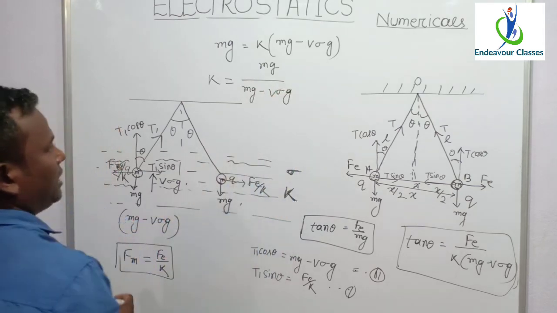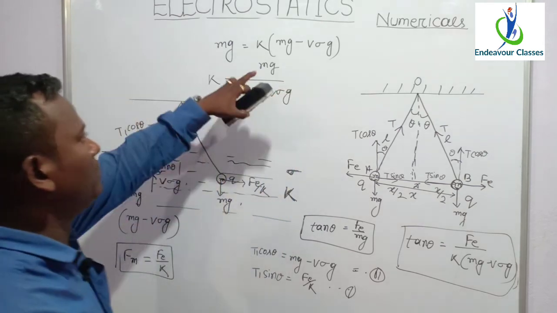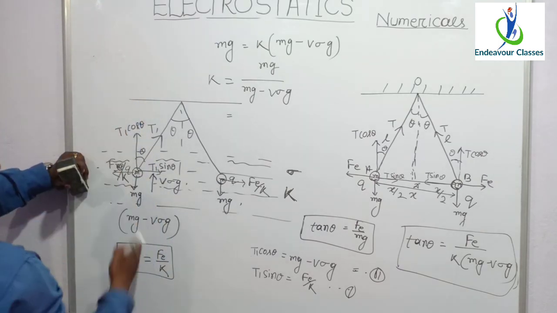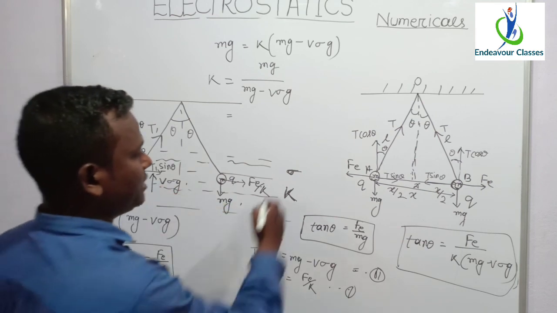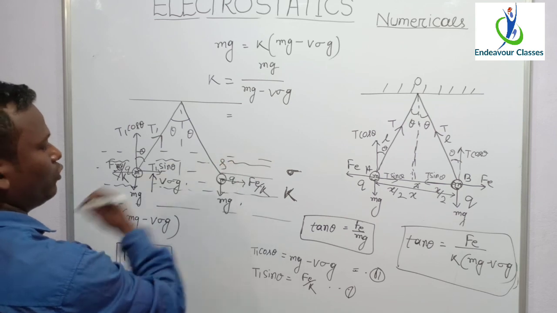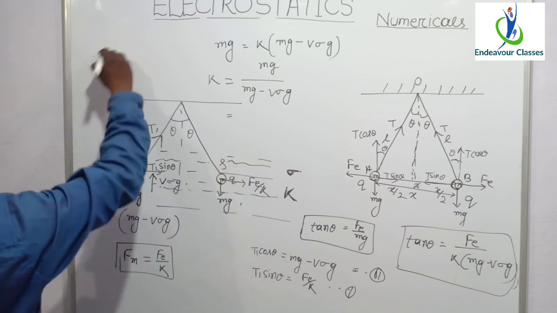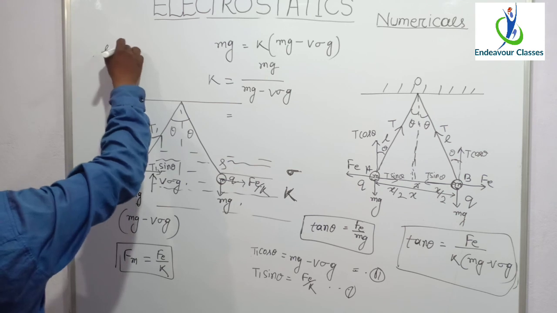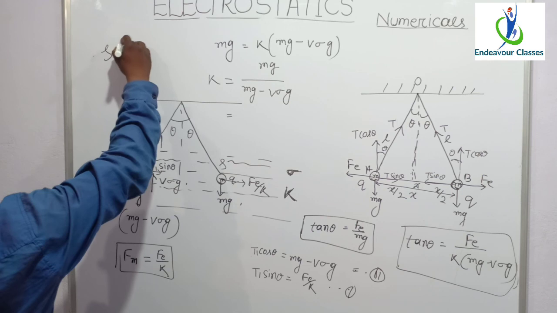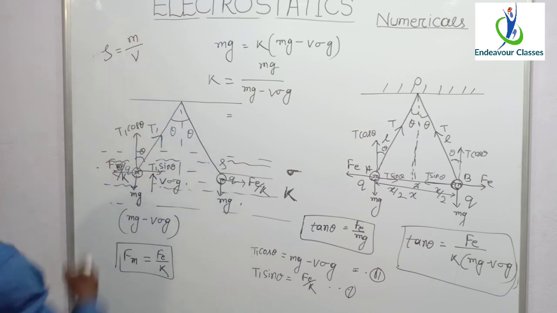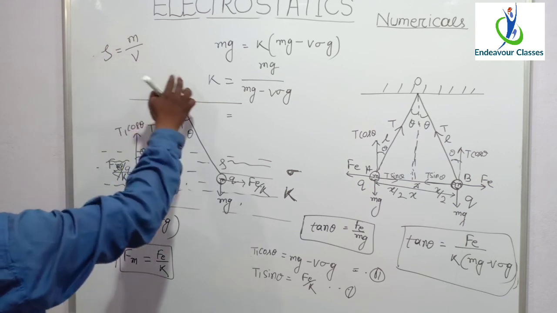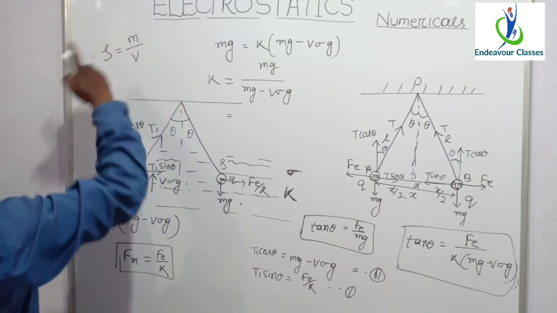But as we know, the mass of the body can be written in terms of density. Here the density of the liquid is sigma and the density of the body is rho. Density is mass by volume, so let V be the volume of the body. In place of mass we can write volume into density.